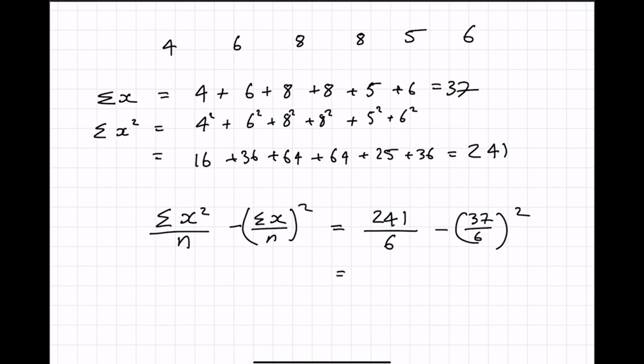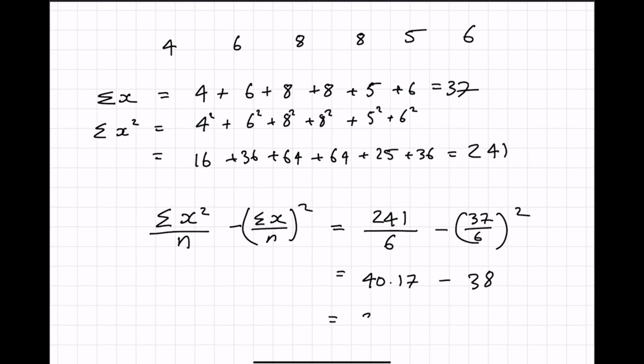And that's it. That will give you what your variance is in this question over here. So if I were to do that, calculate 241 divided by 6 is about 40.17, my bad. Subtract 37 over 6 and then times that by itself is about 38, so minus 38.